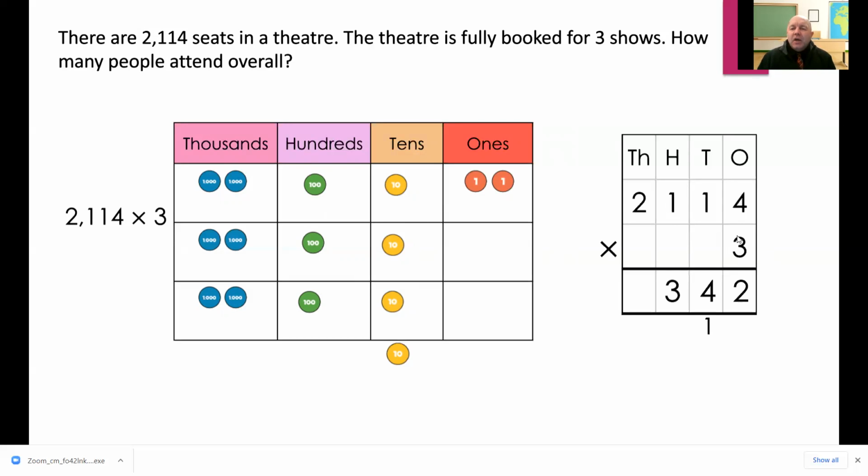And finally, 3 lots of the 2 thousands. 2, 4, 6, 3 lots of 2 is 6, so we've got 6,000. So altogether, we've got 6,342 people. So always go back to the question and have a look what the answer means. In this case, 6,342 people will attend the theatre.